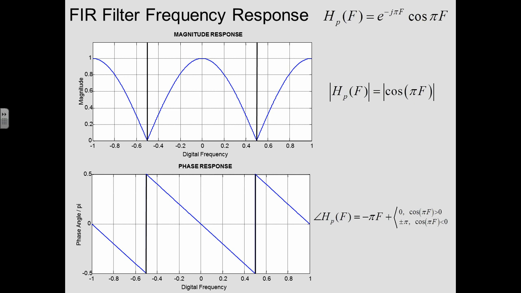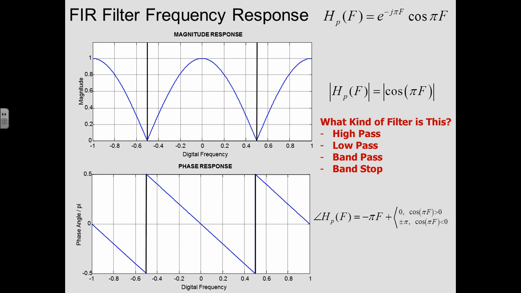And this phase actually has a very interesting characteristic. Now, if we look at the magnitude response, we can ask ourselves, if I wanted to classify this filter as either high pass, low pass, band pass, or band stop, what would we call this filter?